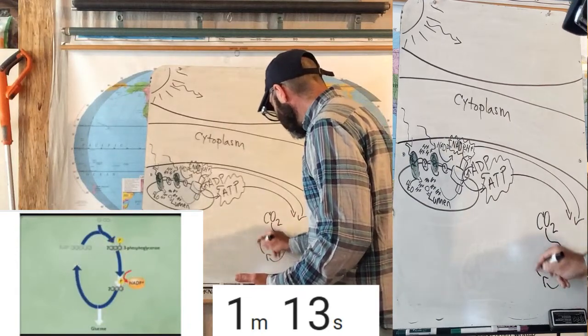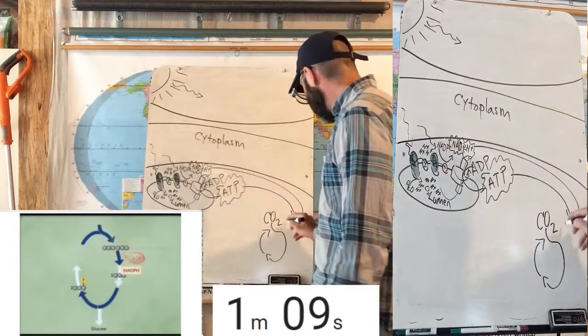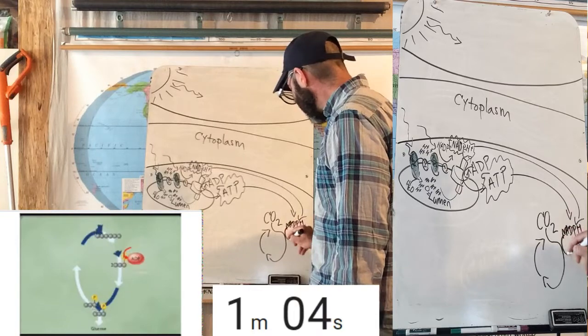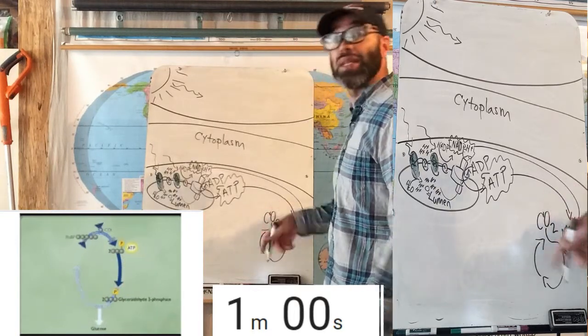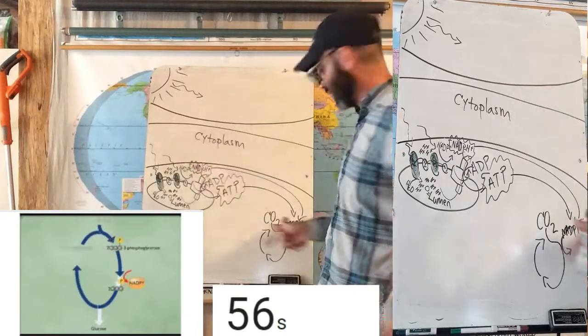And what ends up happening is that the energy from NADPH and ATP, NADPH goes into the Calvin cycle, and that energy is used to break apart CO2 and then to rebuild new types of carbon-based molecules.